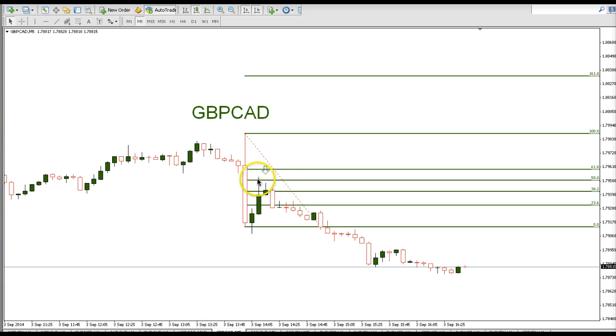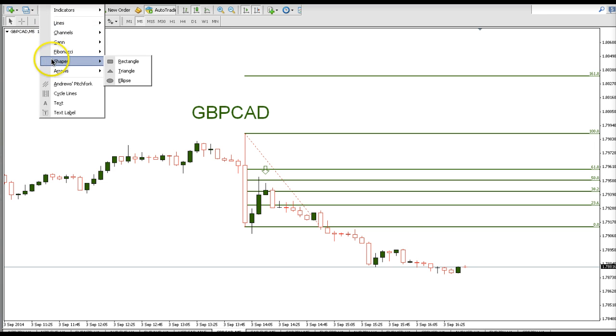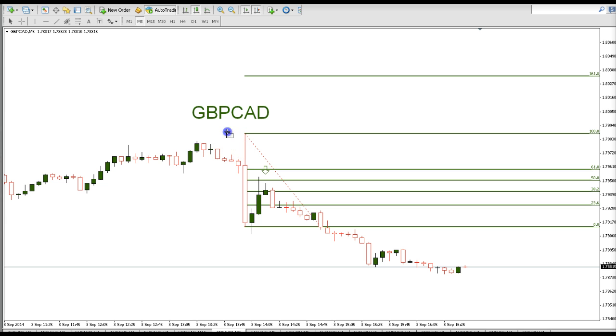Even if you took your trade at 50% and let's say it managed to get up all the way to 60% retracement level, your stop loss is always, and let me just draw this so you'll see it clearly, always above the swing high of the initial reaction.